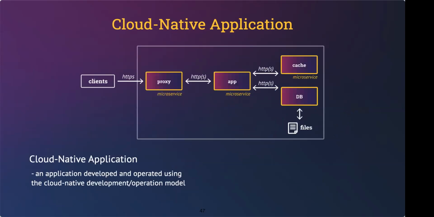But here, this is something that a cloud native application might look like. You have some application service in the middle. You might have some proxy that communicates with clients. You might use some caching to speed up your computation. You might have some persistent data in an embedded database like SQLite.